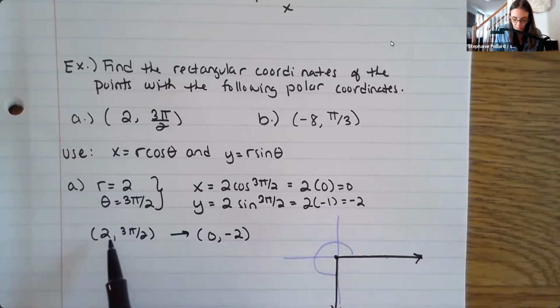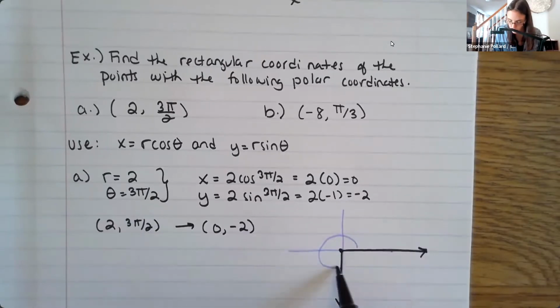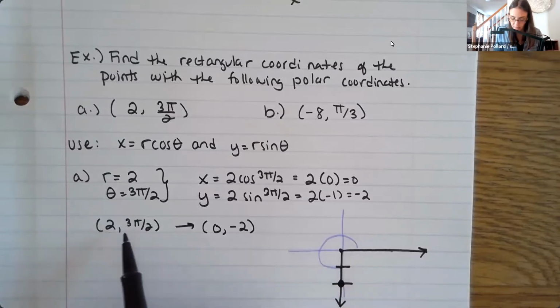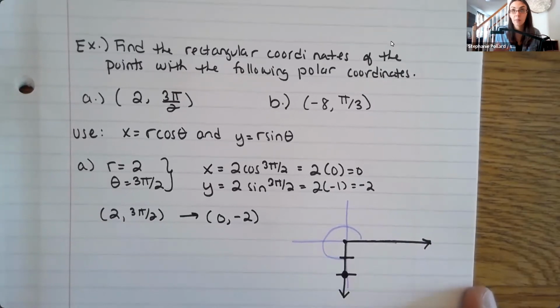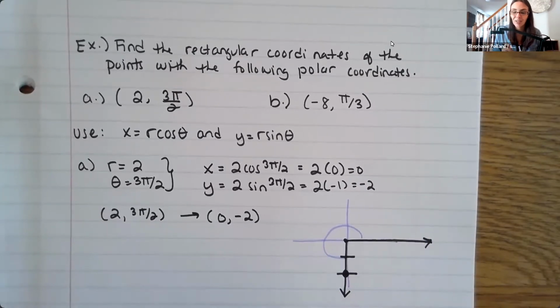And then it's positive, so I'm staying on the terminal side I've drawn, and I'm going down 2 units. So my point is right here. And you can see that this makes sense to 0, negative 2. It's the same location on the graph, just a different way to express it, a different kind of unit system. So you can see sometimes graphing helps just to really show you that, yes, this is the same point.